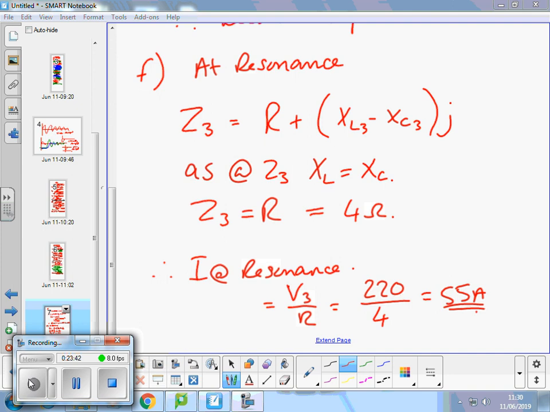As at Z3 XL is equal to XC, Z3 equals R. That's all that's left. They cancel each other out.